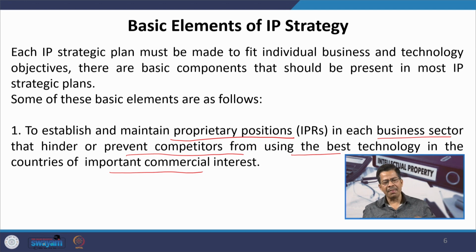So, from India, if I want to take advantage of my IP, I will not go to Japan, because America is a follower country in case of robotics. I will like to go to America and make a priority position in that market. So, that is how we have to establish and maintain priority positions in different business sectors, so that we can prevent our competitors from using the best technologies.